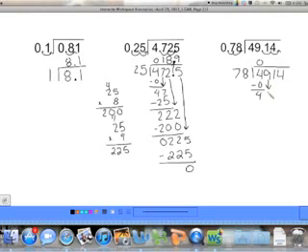78 can't even fit into 49. But 78 can fit into 491. Now, 78 multiplication facts probably aren't coming to the top of your head, so you probably had to do a little bit of extra work off to the side, but let's use some estimating here.